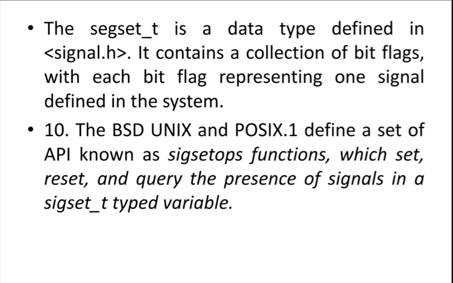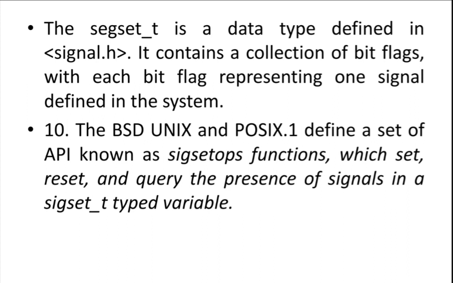And one more thing, the BSD Unix and POSIX.1 define a set of API known as sigset ops functions, which set, reset and query the presence of signals in a sigset_t variable.